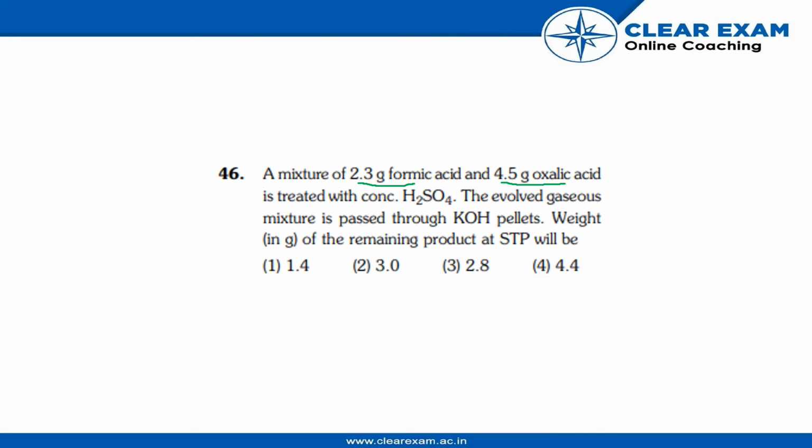So we have been given 2.3 gram of formic acid and 4.5 gram of oxalic acid. If we see, the formic acid formula is HCOOH, and of oxalic acid it is (COOH)2, like this.